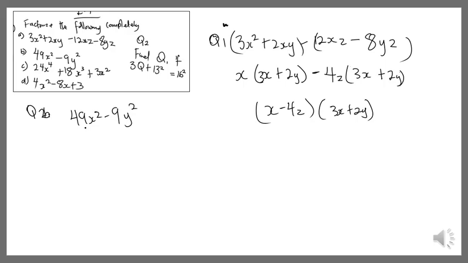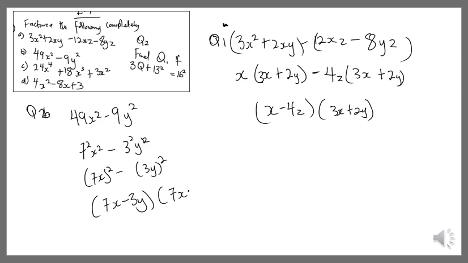So what is the root of 49? 7. So 7 squared x squared minus 3 squared y squared, and this can be rewritten as (7x) squared minus (3y) squared. And if you get to this situation, you've gotten a difference of two squares situation. So it's going to be (7x minus 3y)(7x plus 3y). And that becomes the answer.